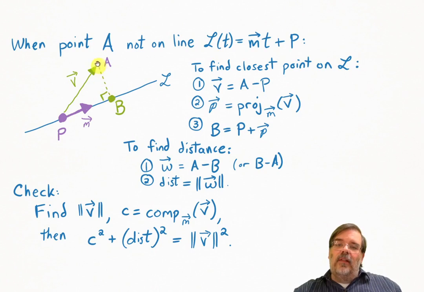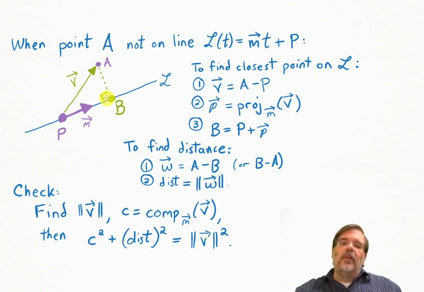If we draw a line from A to any other point, such as P, if that line's not perpendicular, then that line is not as short as possible. When we're looking for the distance from a point to a line, we really implicitly mean the shortest distance, the length of this perpendicular segment.